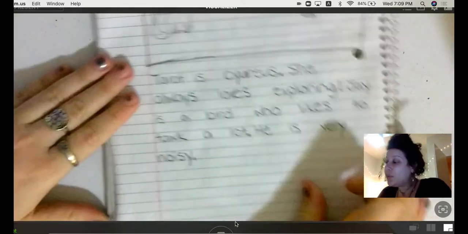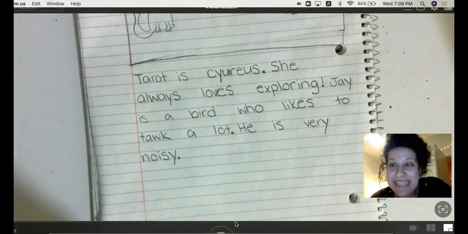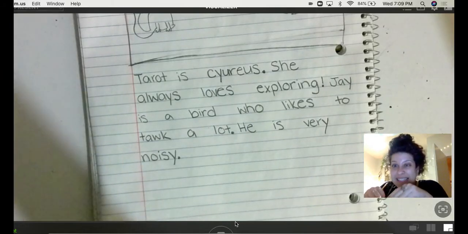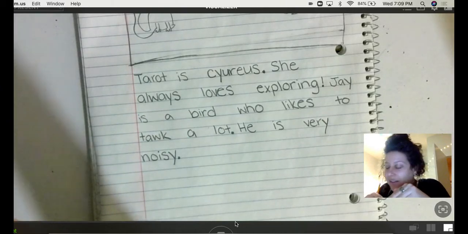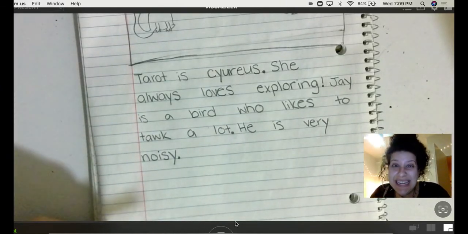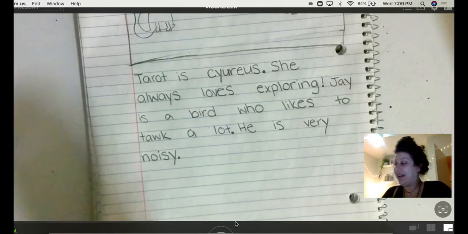I'm thinking of Squeak. And Squeak is very sneaky. Sneaky is quiet. You don't even know he's coming. I'm going to write that. Squeak is sneaky. He is so quiet, you don't even know he's coming.